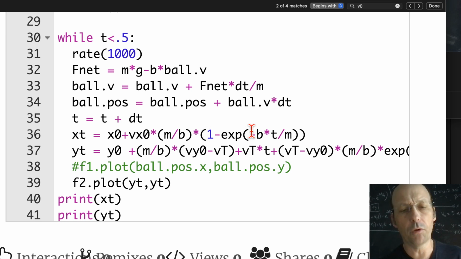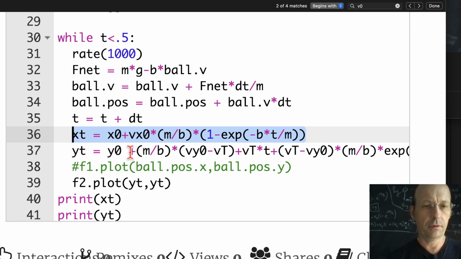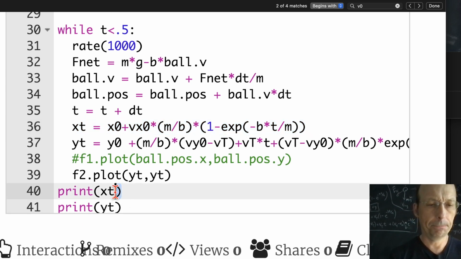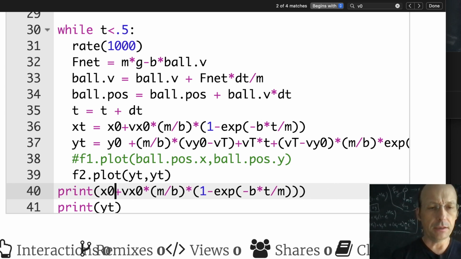M over b times 1 minus exponent negative bt over m. Let's just copy this. Print. And I'm going to get rid of that. Let's just get rid of some of this. Let's just print this.